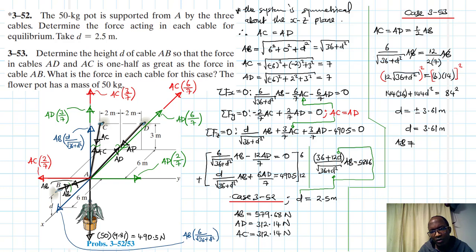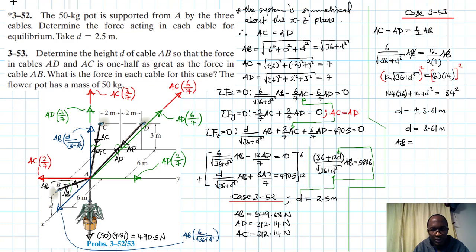Alright, so since we have D, we can find what AB is. We need to find all of them. Once we find AB, then we can find AD. We are using this equation, this one here, which is already simplified for AB. We already know what D is, rather. So we just replace the D. So we have 36 plus 12 by 3.61 divided by root of 36 plus 3.61 squared.